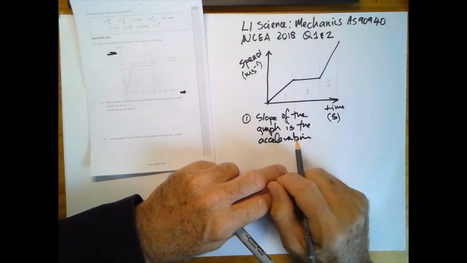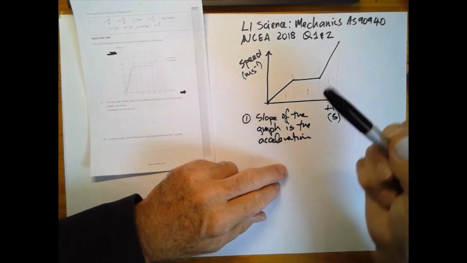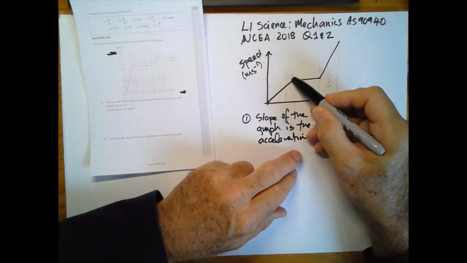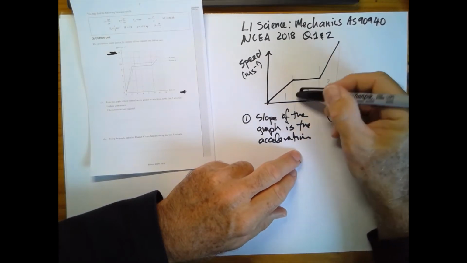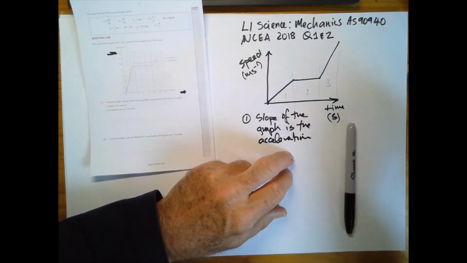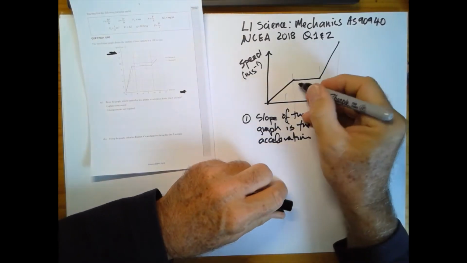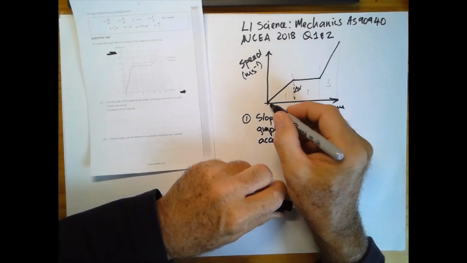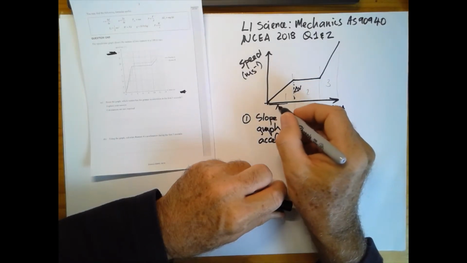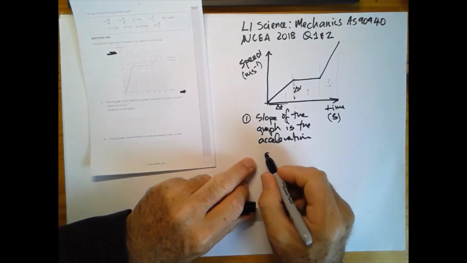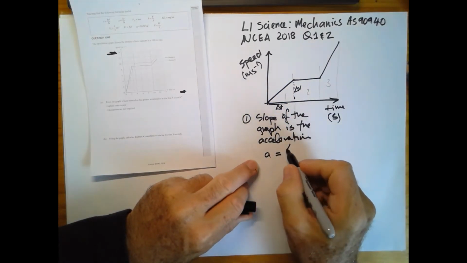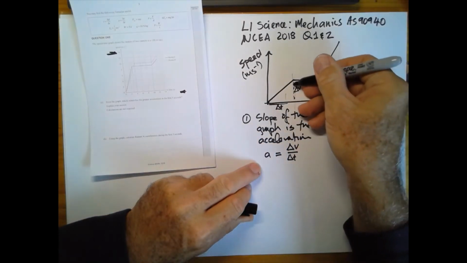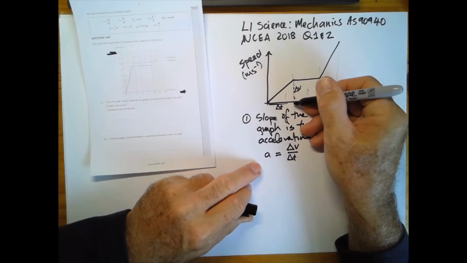We can see the slope of this first section is this amount divided by this amount, so it will equal this change, which is a change of velocity, divided by this change of time, and we'll say the acceleration is equal to the change in speed divided by the change in time. This distance divided by this is how we measure the slope.